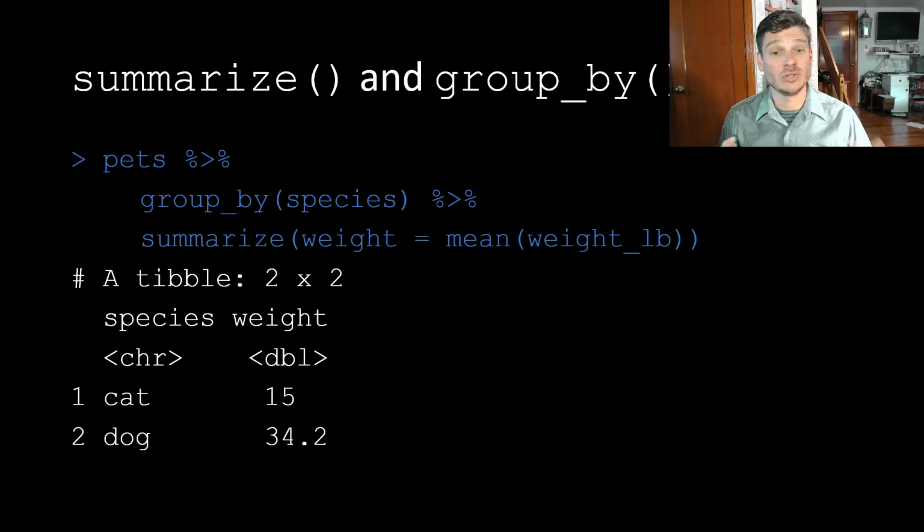So again, it took the two cats, I think there were two cats, averaged those two cats' weights and got 15. There were 3 dogs, or maybe 4 dogs. Now I'm forgetting how many there were. But the average of the dogs' weights was 34.2. And again, it summarized those and separated for us. And that's how we use the summarize and group by functions together.